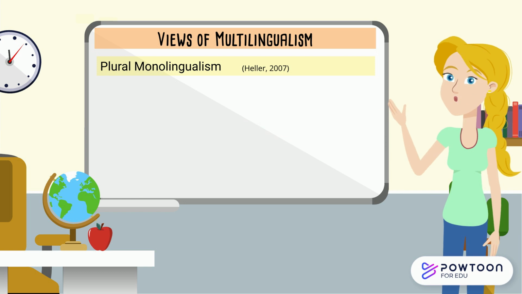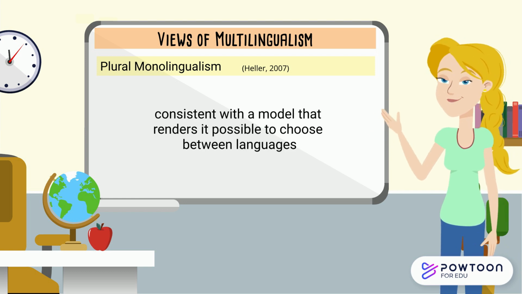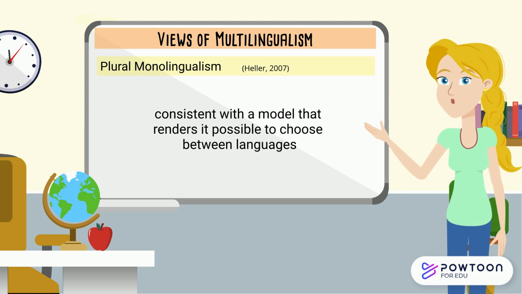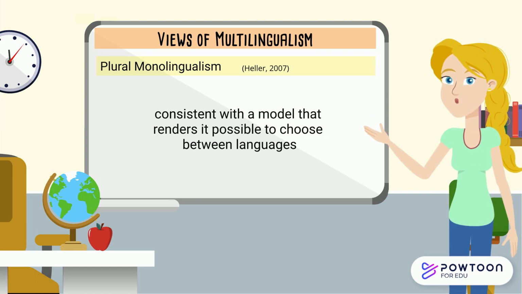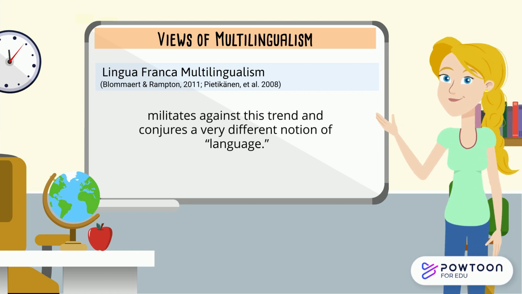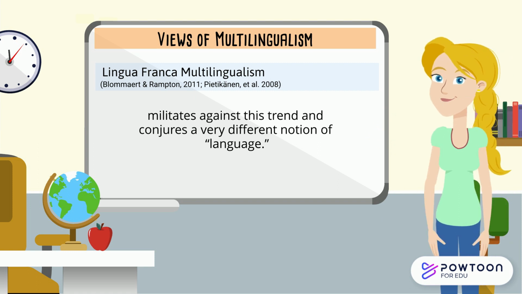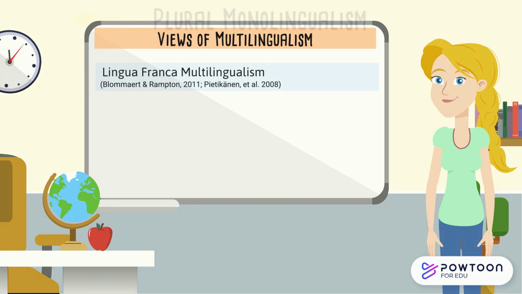Hence, plural monolingualism is consistent with a model that renders it possible to choose between languages. Multilingualism, as a lingua franca by contrast, militates against this trend and conjures a very different notion of language.